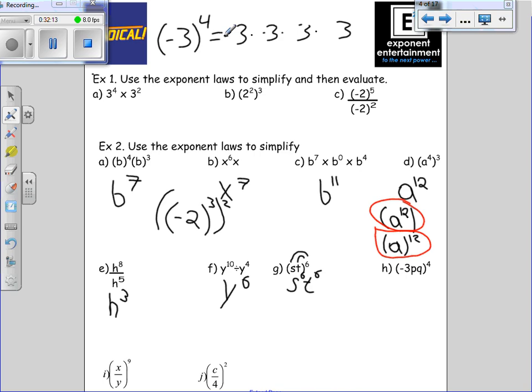Aaron, you wouldn't get negative 81 with an even exponent. This is what the calculator thinks when you put negative 3 to the power 4. It's thinking you want to do negative 1 times 3 to the power 4.